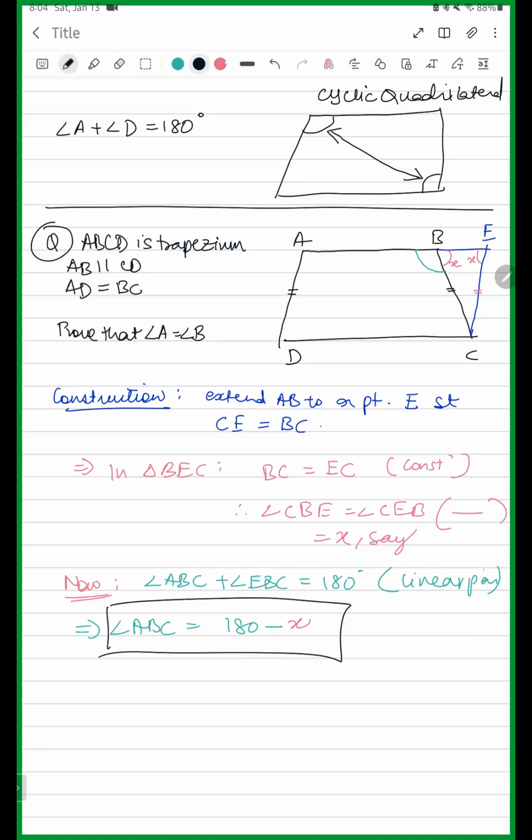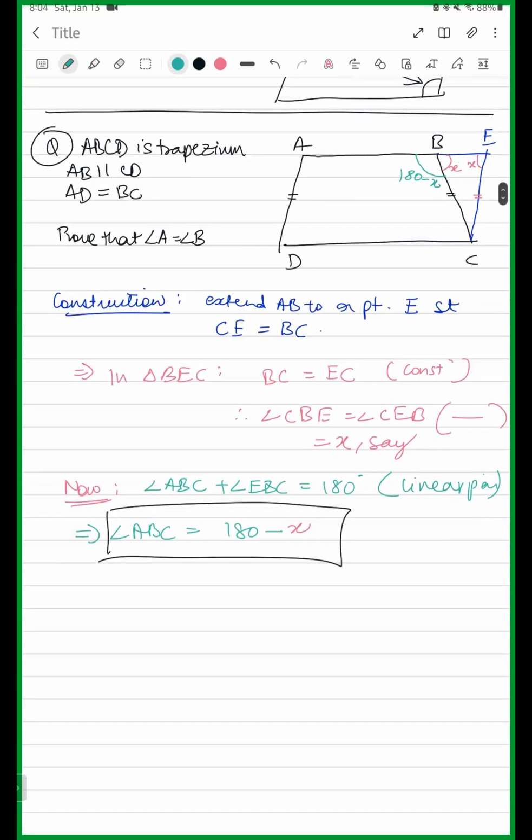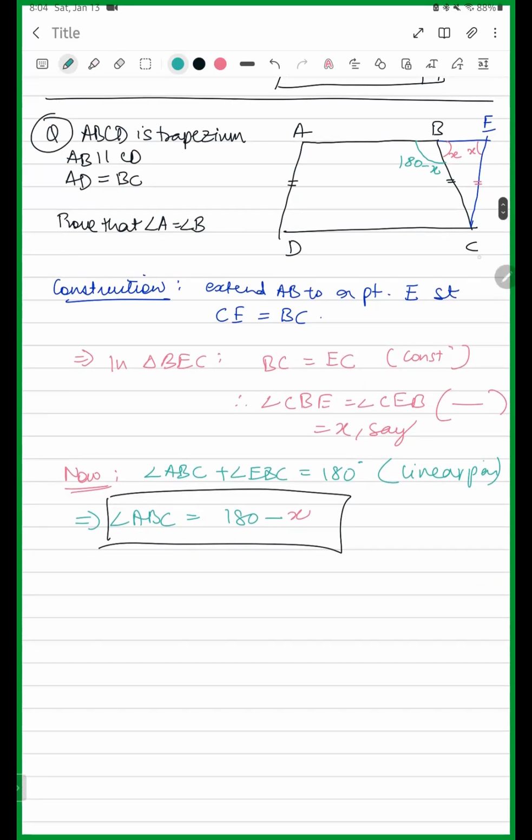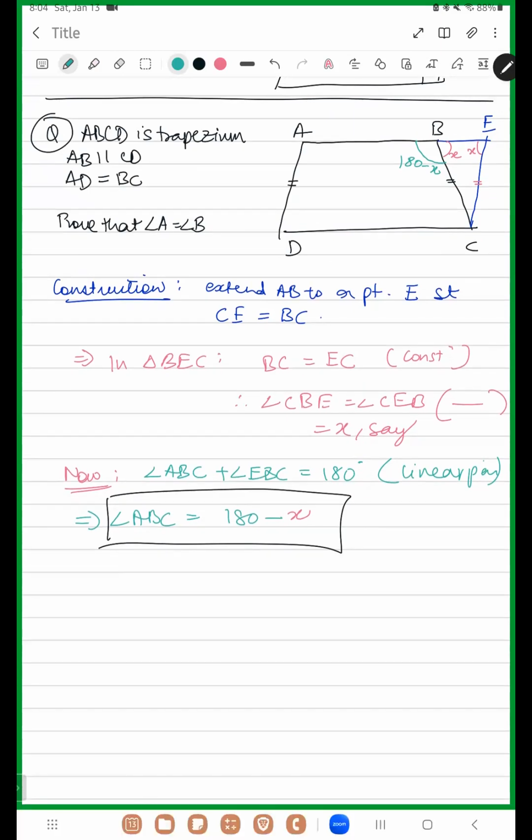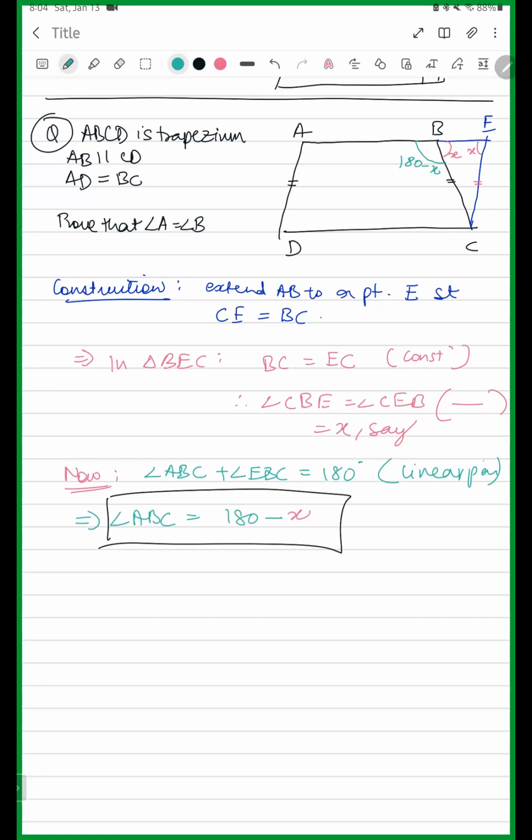And you need to do this in the figure in your exam paper, so that it's easier for you to keep track of what's happening, and also for your teachers to know that the student knows what he or she is doing.